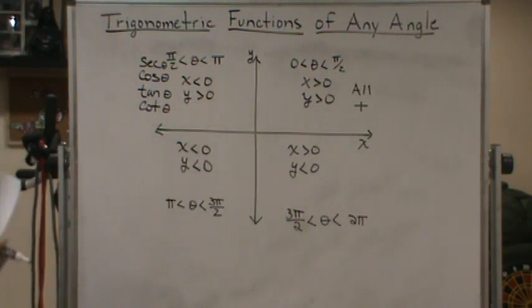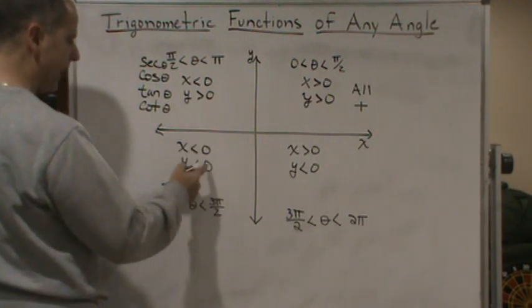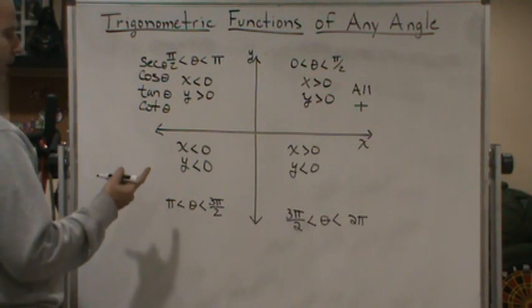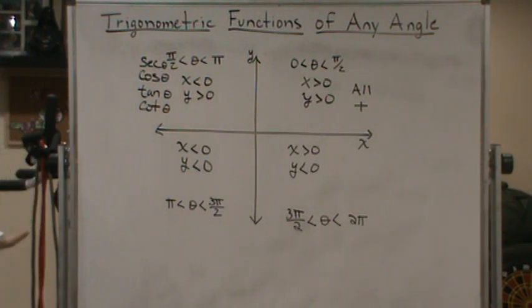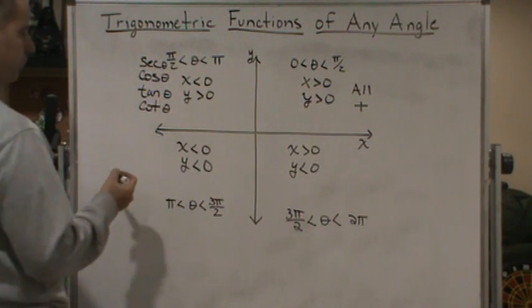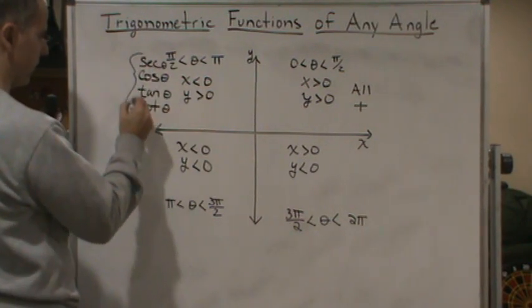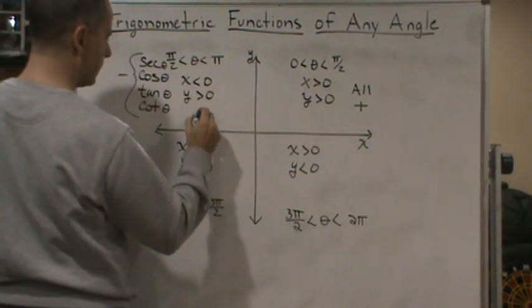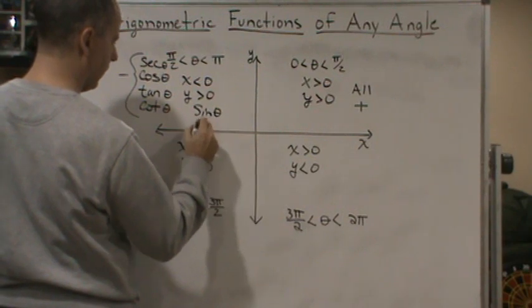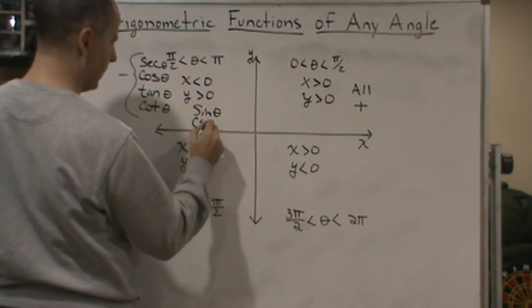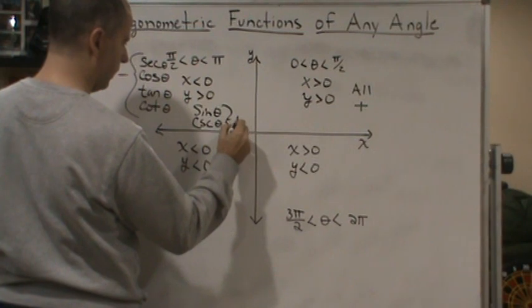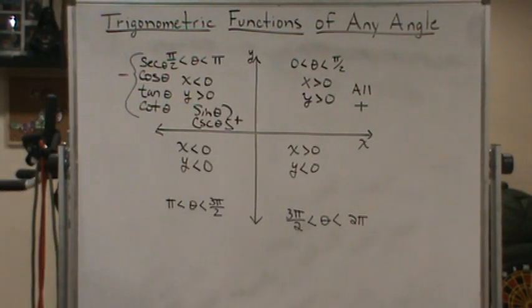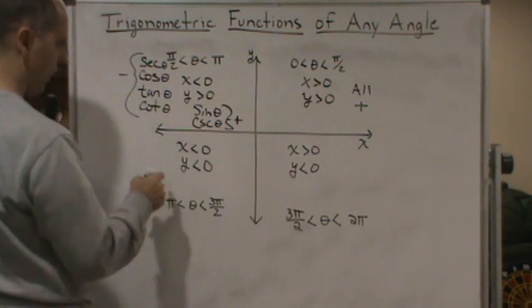Now what about the third quadrant, where x and y are both negative?